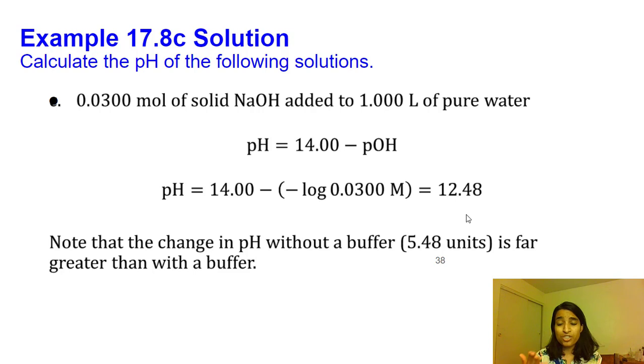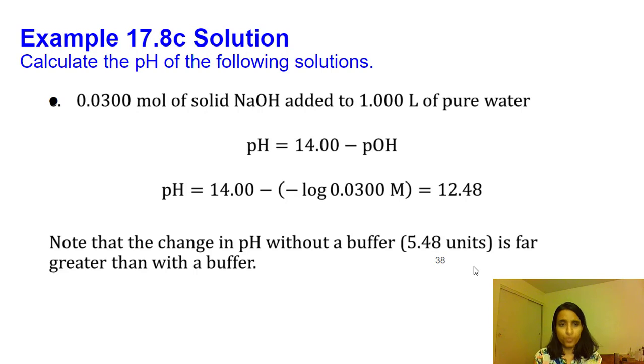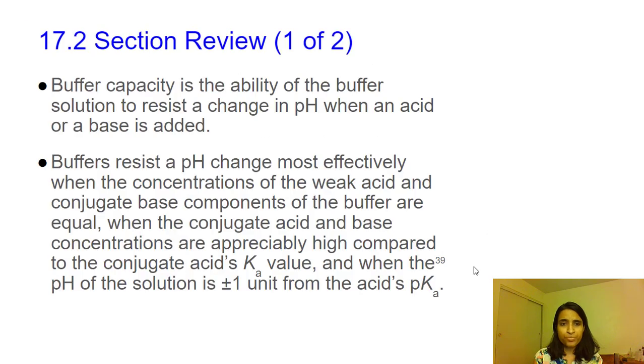So the pH is 12.48. When you add it to water versus when you add it to a buffer, we see a big difference, 12.48 versus 5.02. So we see how the buffer is able to resist the change in pH.